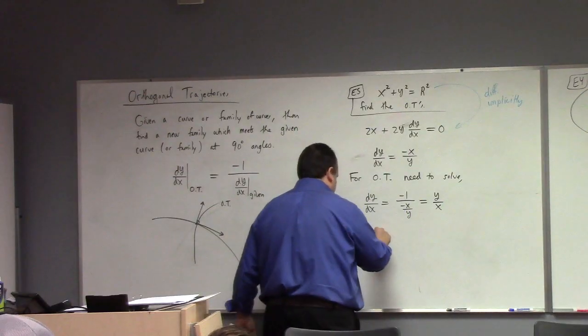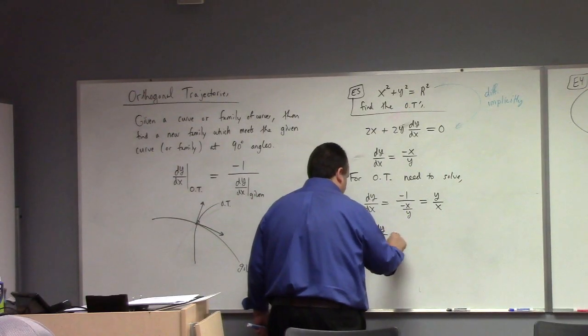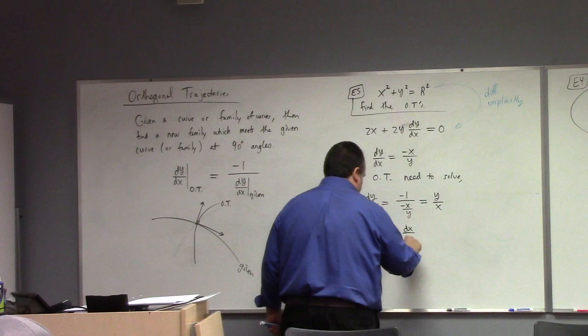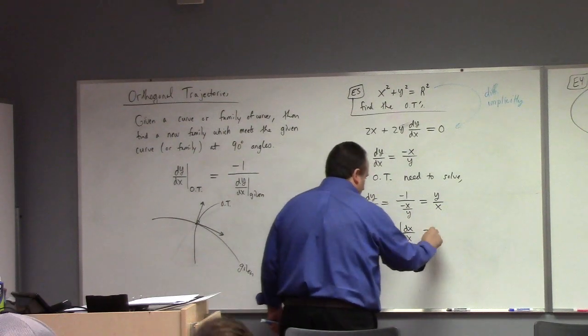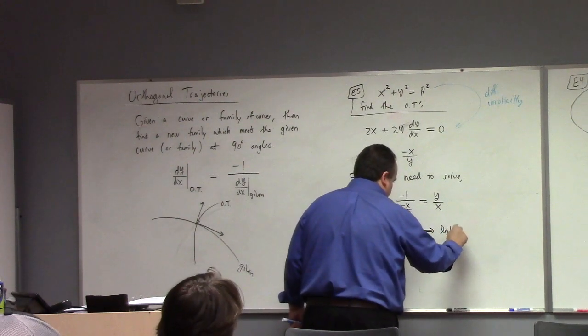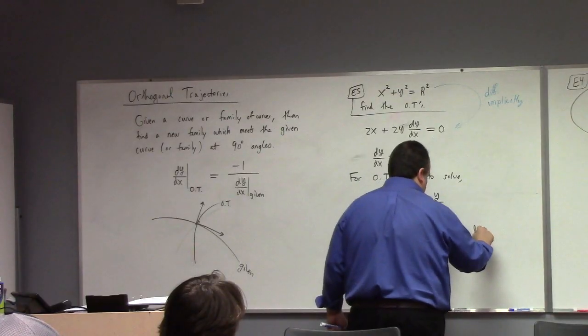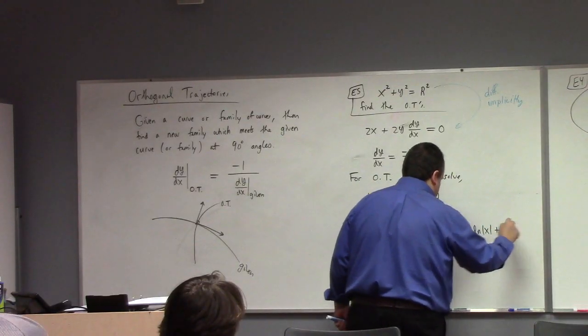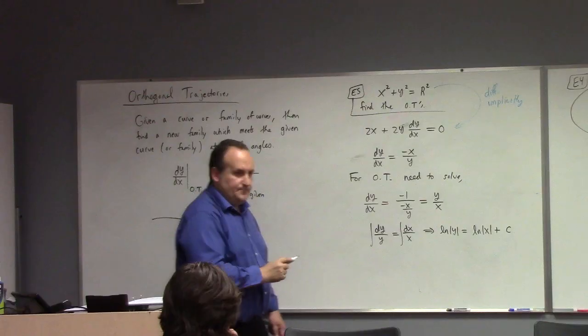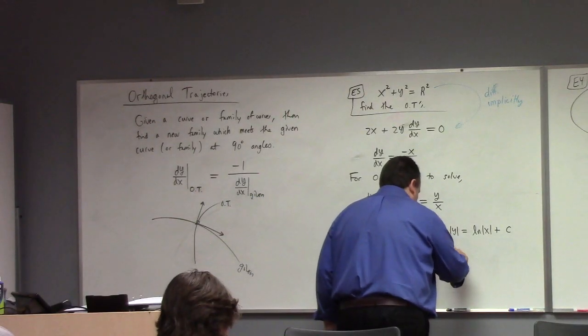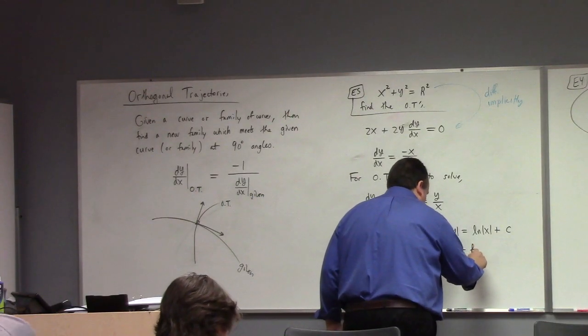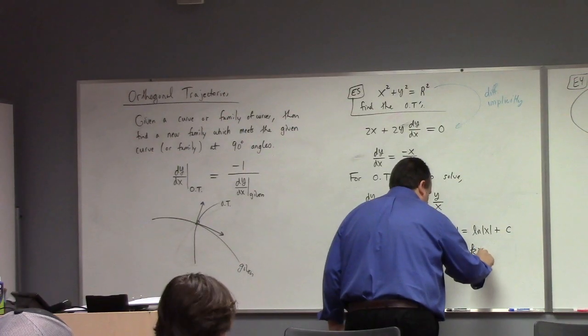So separate, integrate: natural log of the absolute value of y equals natural log of the absolute value of x plus a constant. Exponentiate that thing, and lo and behold, we get y equals k times x.